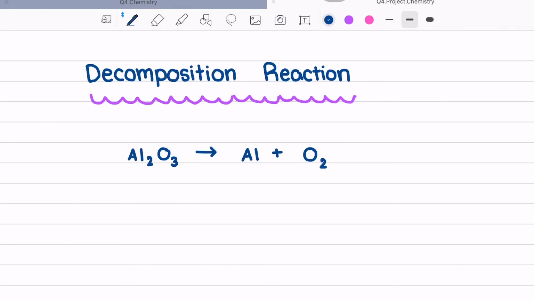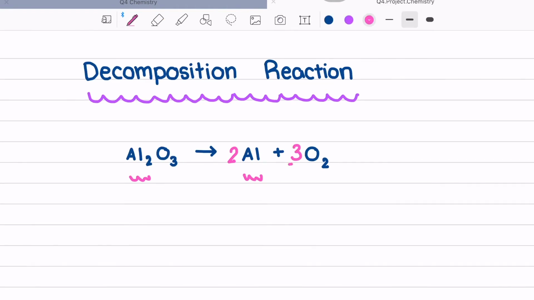Let's start. Over here, you can clearly see that Al are different. The reactant has 2, but the product has 1. So you put 2 over here. Now it will be equal, but it's not yet done because O at the reactant side has 3, but O on the product side has 2. So you have to balance it. I'll put 3 over 2, but it's not equal yet because it has to be whole numbers only.